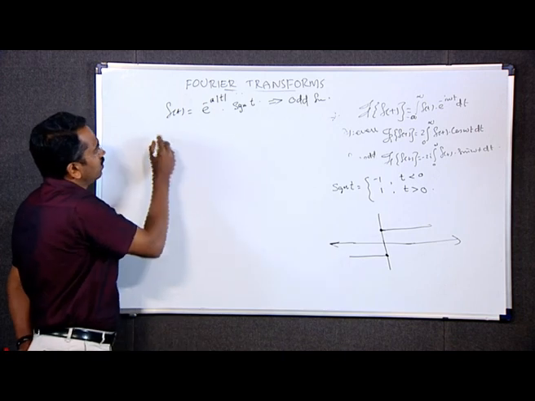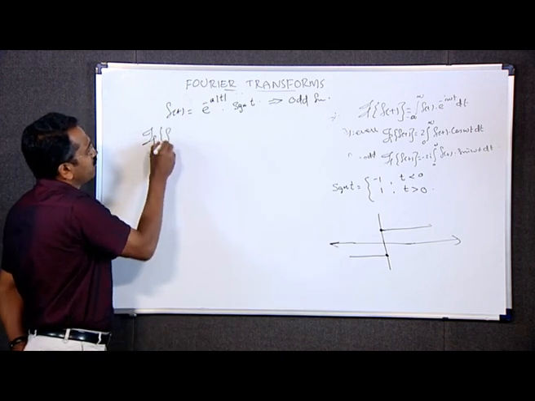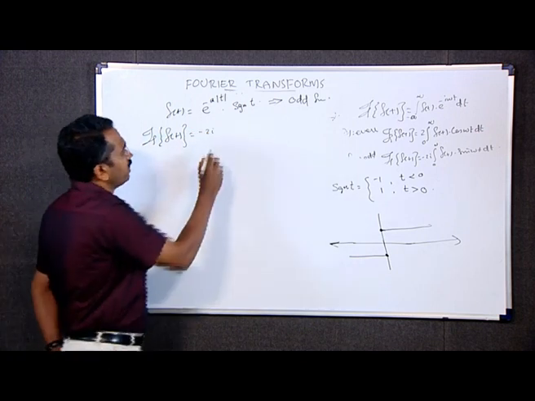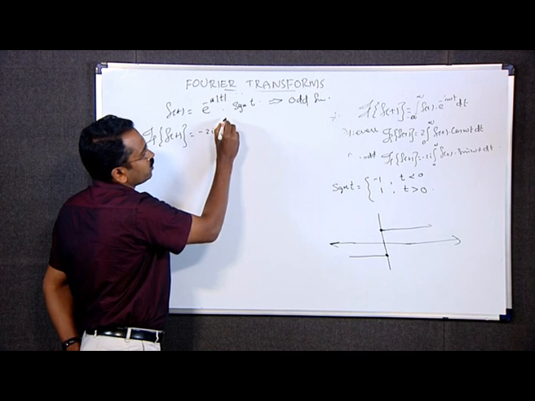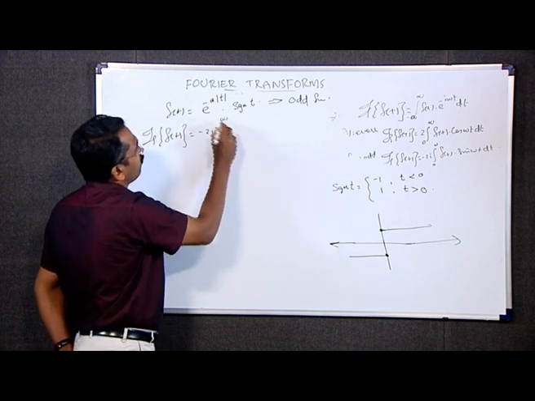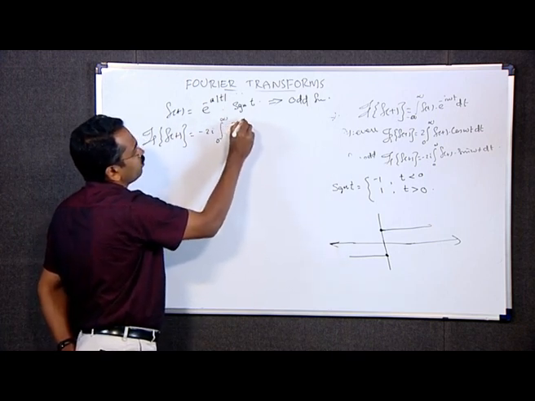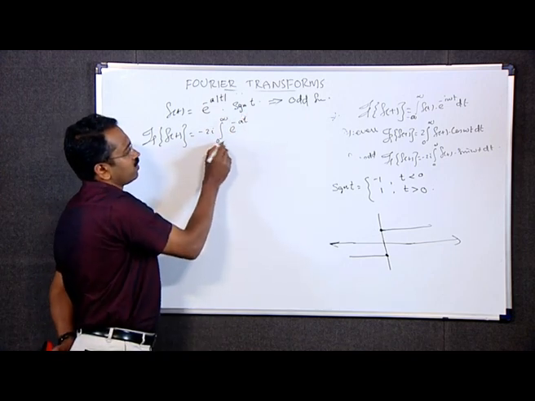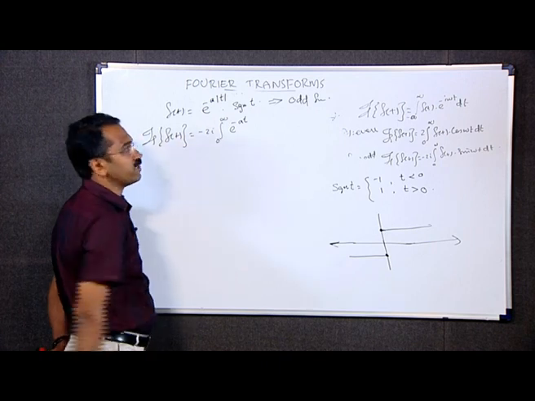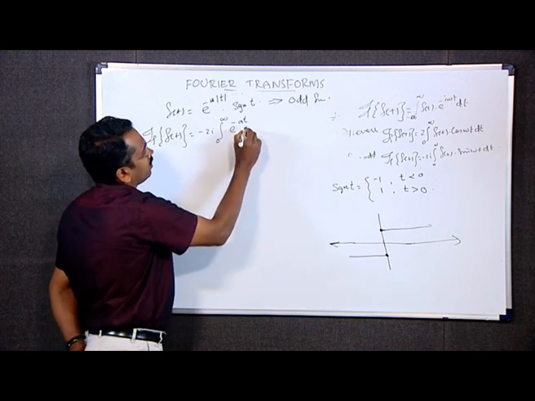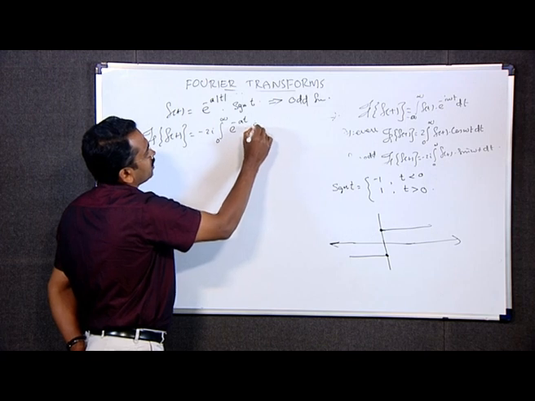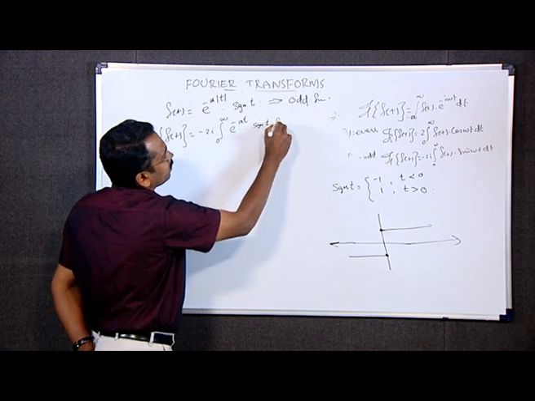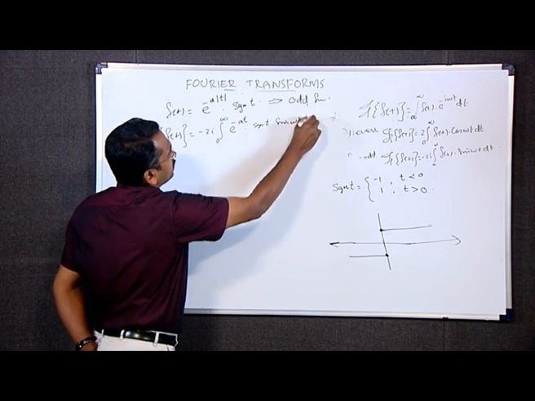Therefore, the Fourier transform is minus 2i into integral from 0 to infinity of f of t, which is e raised to minus a into t, we can write t for mod t because the variation of t is from 0 to infinity, into signum of t into sin omega t dt.